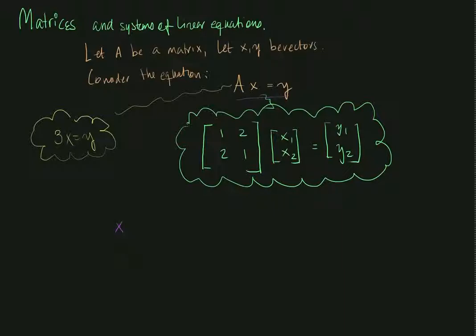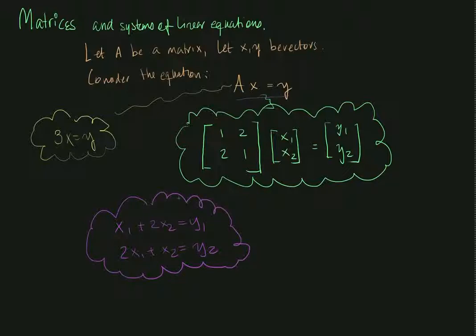They think about systems of linear equations: x1 plus 2x2 equals y1, and 2x1 plus x2 equals y2. So that's what a third group of people might be thinking.